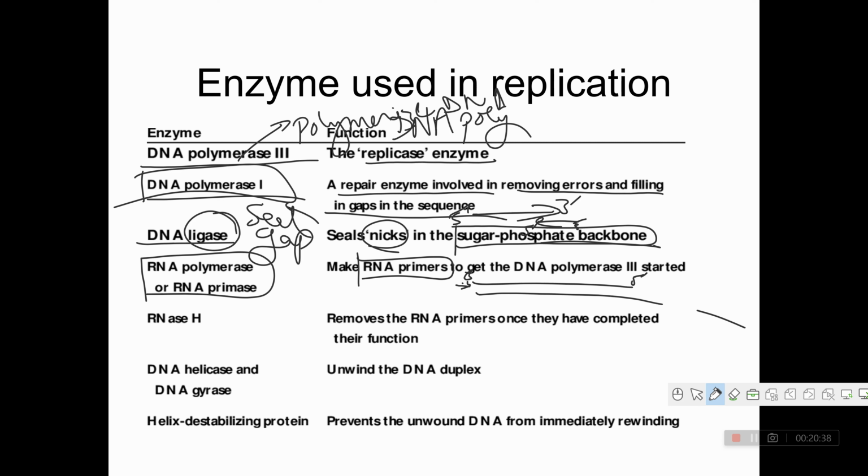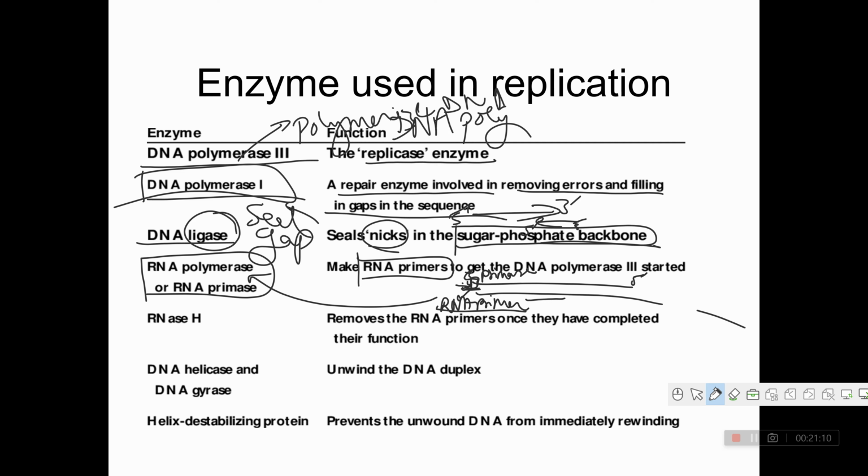During the replication, primase will be attached here. They synthesize the RNA primer. For the synthesis of this RNA primer, RNA polymerase will be required. They synthesize 10 to 15 nucleotides of the RNA primer.